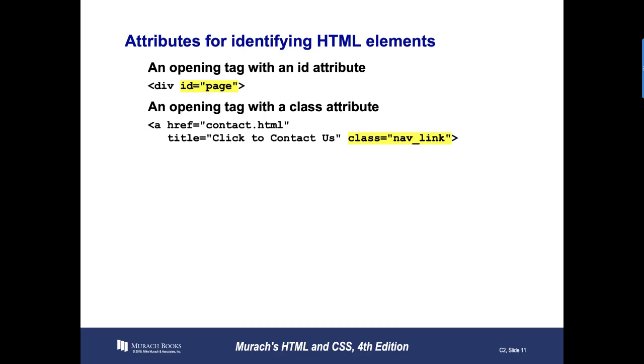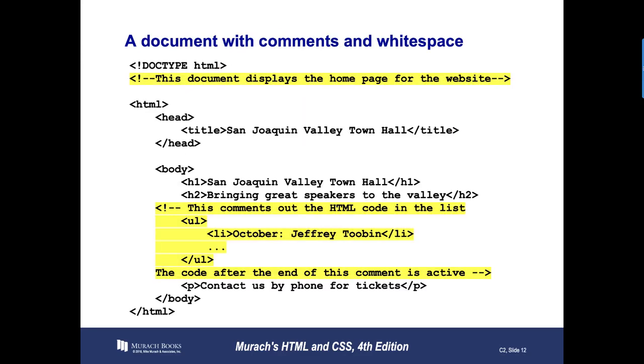And as you'll learn, you use classes in your style sheets, just like you can use IDs as well, to say, I want this particular anchor link to be styled using this class that's defined nav_link in the CSS style sheet. Okay?